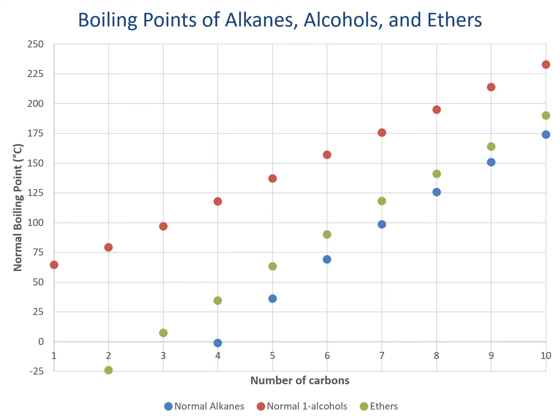As we look at the graph, you can clearly see that the dipole that's in the ethers, the yellow one, is stronger than the London forces of the alkanes, which are shown in blue, because they have a higher boiling point in every case for the same number of carbons. But they're still significantly weaker than the hydrogen bonding that we get from alcohols, which we can see as the red line. As we get more and more carbons, the difference between these groups becomes less and less important because most of the molecule ends up being the carbon part anyway.